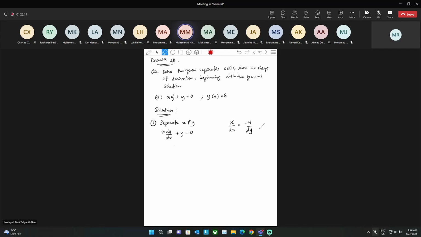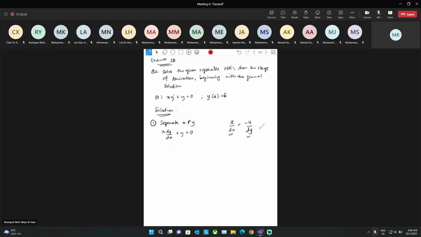Selalunya, kalau kita jumpa d over dx, katalah function apa-apa pun, tapi sometimes kita tulis dy over dx pun betul juga. Ia menggambarkan pembezaan terhadap y. Tetapi yang ini, dia hanya ada dx dan dy saja, tak ada d yang atas ni. Bila dia tiada d ni, bawalah yang ini ke atas.